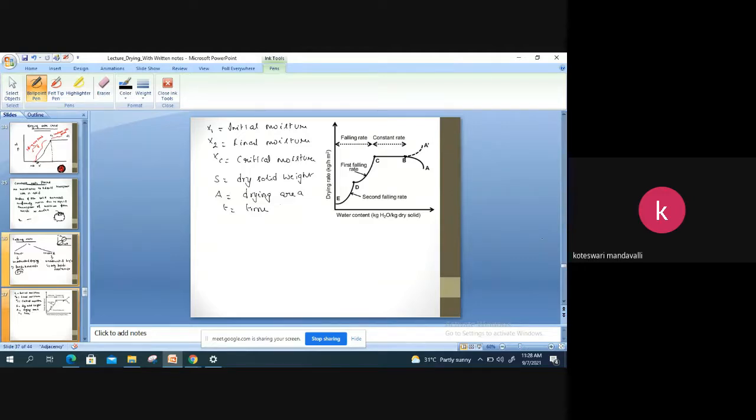If these are the terms I assume, now what is the time required to bring this x1 to x2?